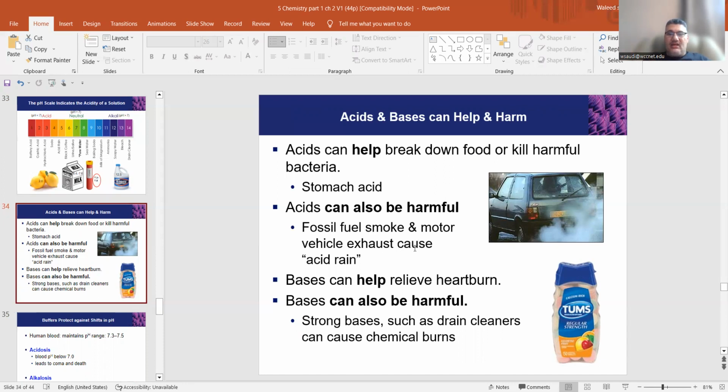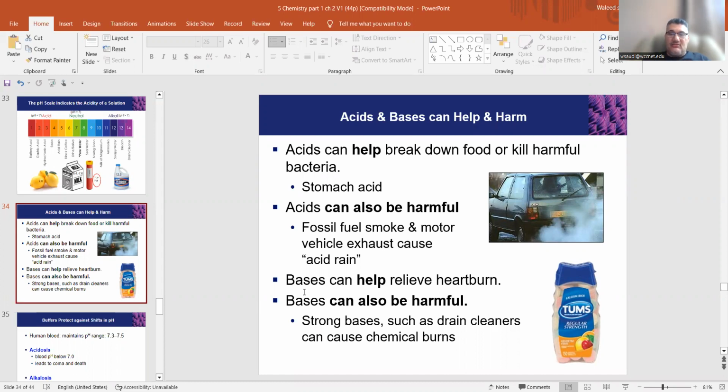Like the exhaust that we see here from the fossil fuel that we use, gas and gasoline and stuff like that. Is that good or bad? It's bad because it's going to make the rain acidic. So what's good about that? What's the purpose? Nothing. It's just contaminant.